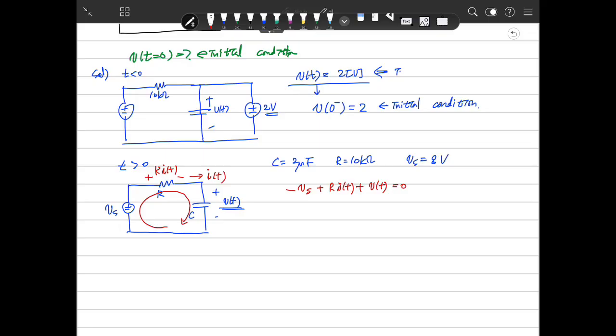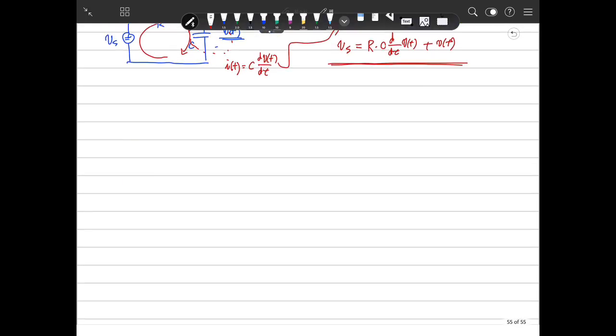And we have the capacitor equation. What is that? It is C dVt/dt. So we insert it here. Then Vs equals R C dVt/dt plus Vt. We get the first order differential equation. Then we rewrite it more simply.